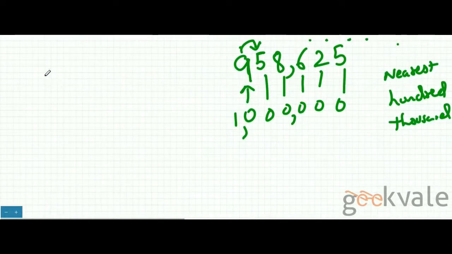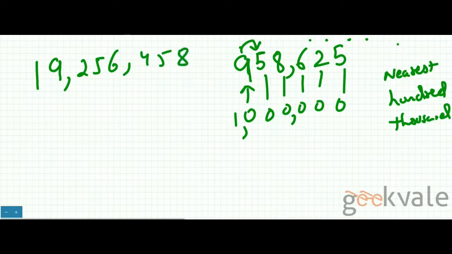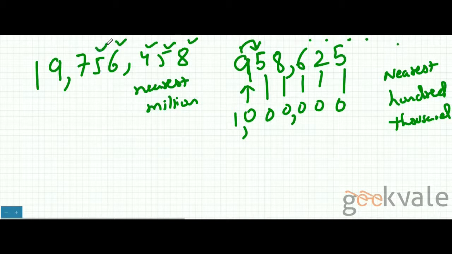Similarly, if you get this question, 2, 5, 6, 4, 5, 8. Now let's change it to 7. I've been asked to round it to the nearest million. This is ones, tens, hundreds, thousand, 10,000, 100,000. This is the million place value.